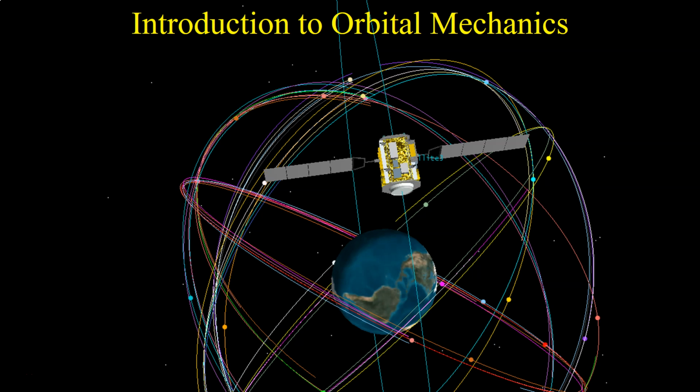Remember, 2 Keplerian elements for size and shape: semi-major axis and eccentricity. 3 that describe its orientation. How it's tilted, how it's twisted, right?